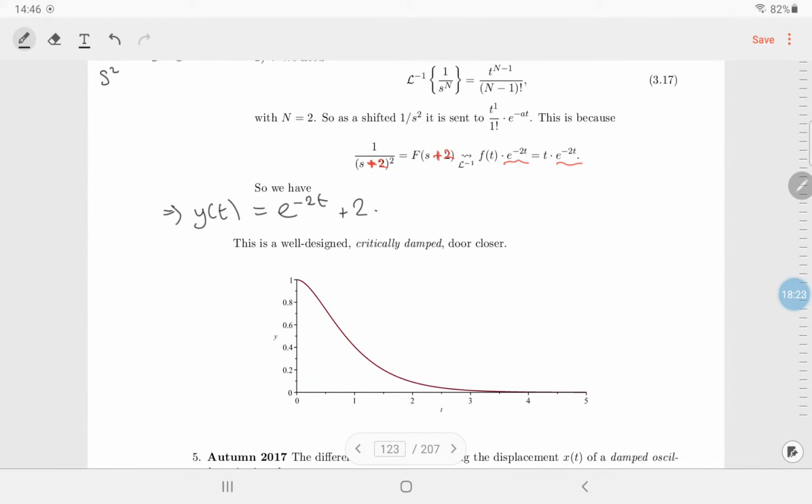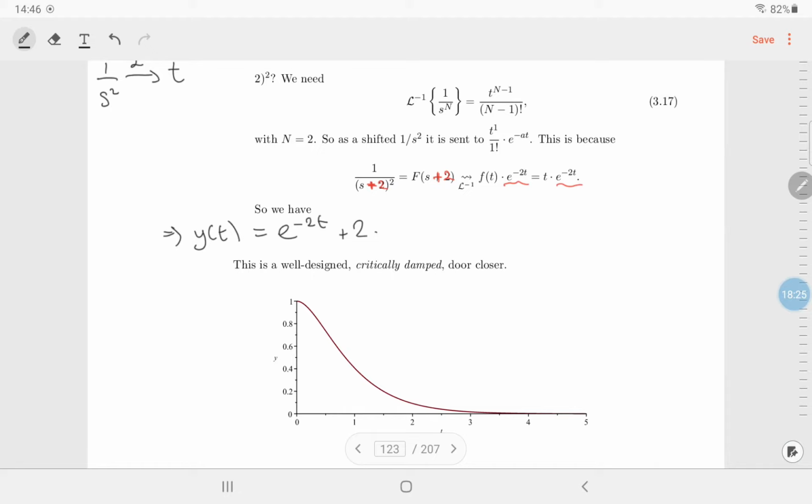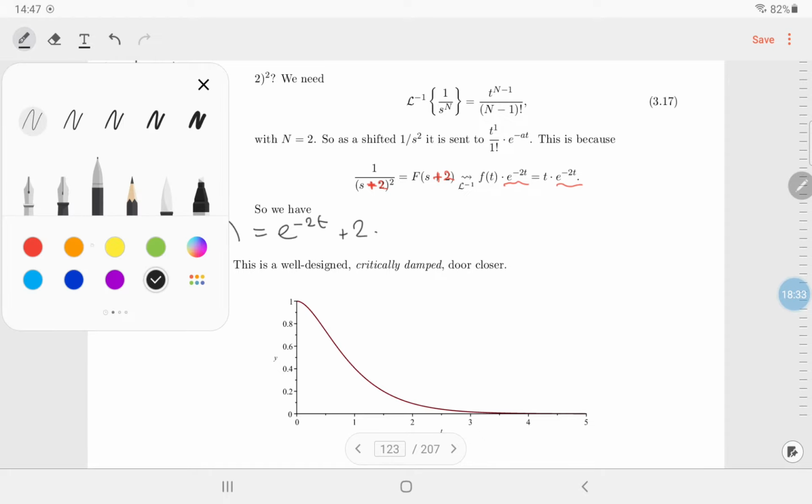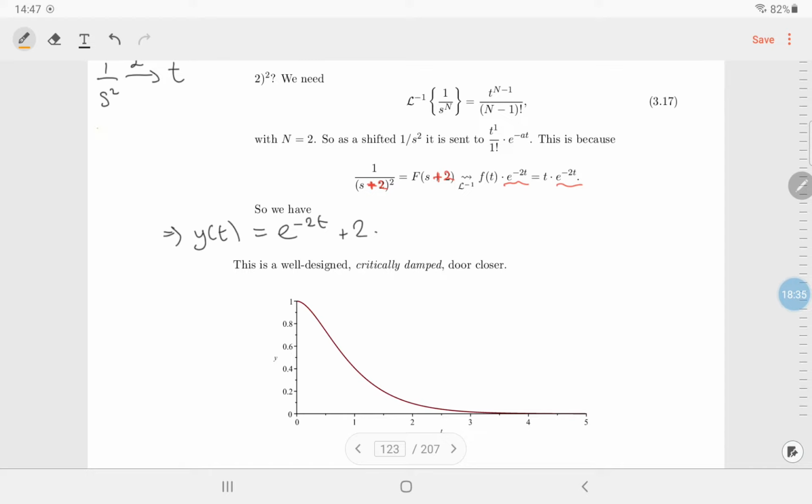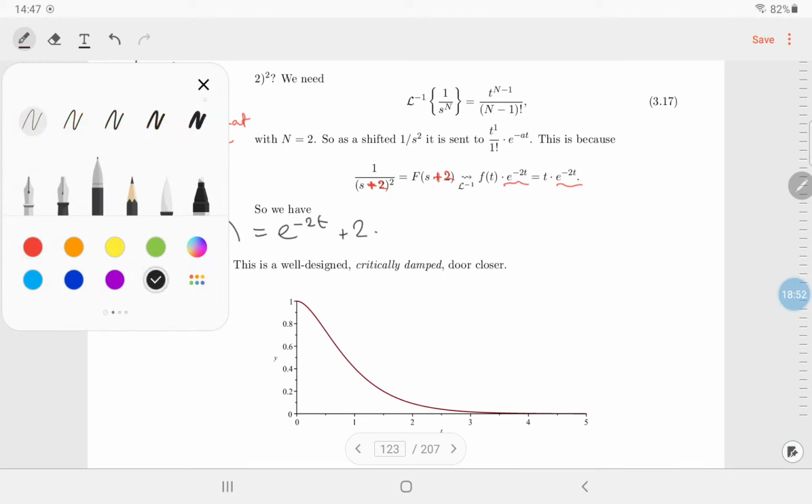And then what happens with 1 over s plus 2 squared? Well, it's written in the line above. 1 over s plus 2 squared is a shifted 1 over s squared. And what the first shift theorem says, and we'll write the first shift theorem over here, is that if you've got something that's shifted, so instead of s you've got s plus a, then when you bring it back you multiply it by what we call an exponential shift.